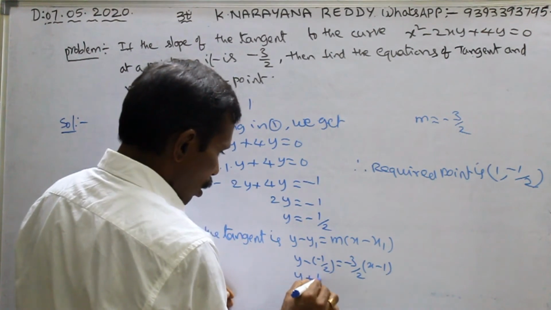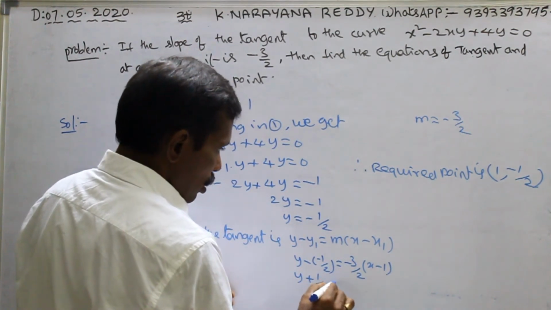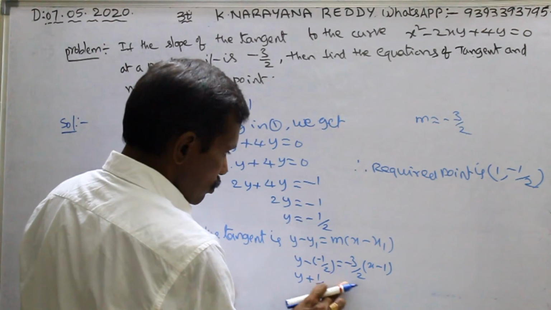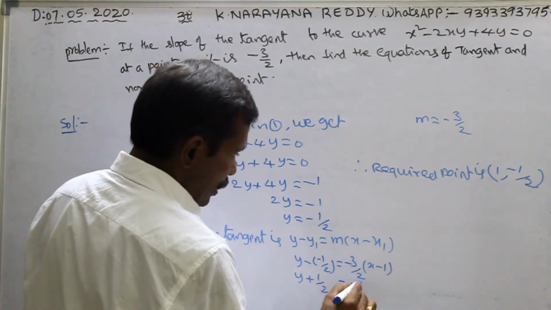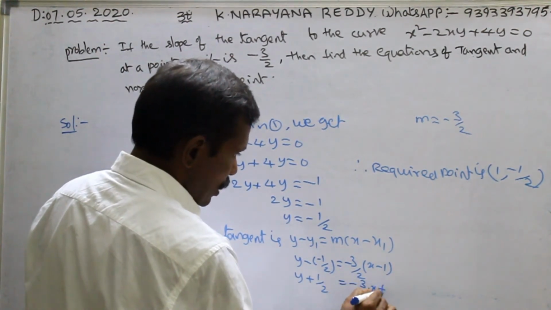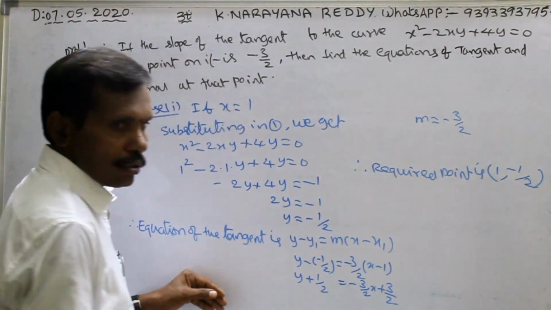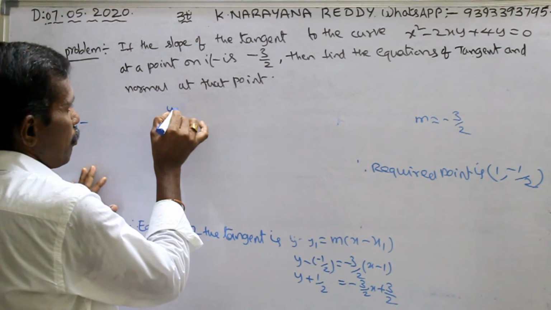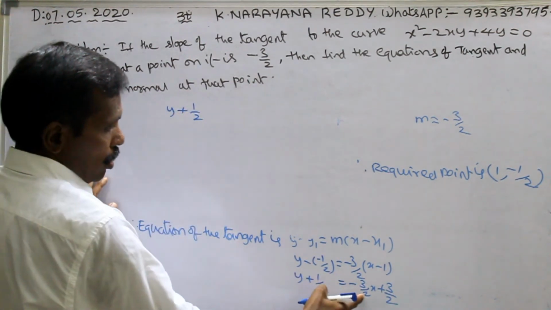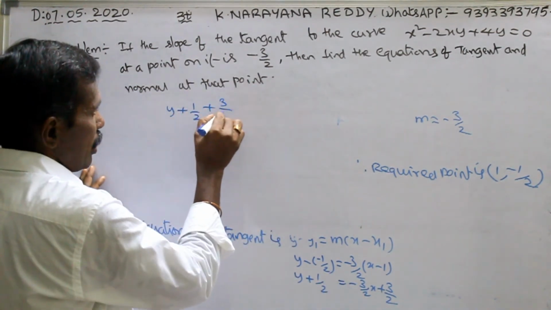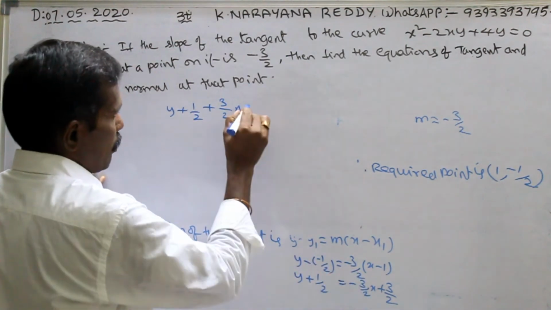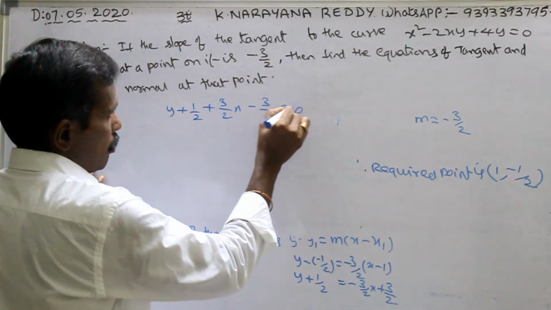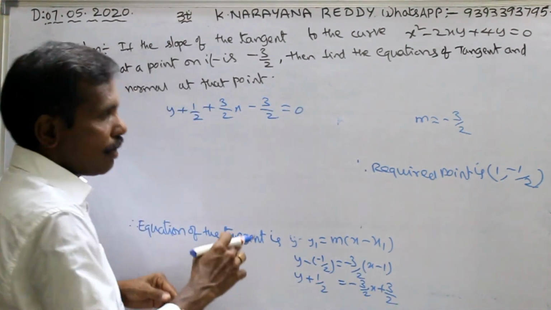Y plus half equals to minus 3 by 2 x plus 3 by 2. Okay? So, y plus half plus 3 by 2 x minus 3 by 2 x, because this comes to left side.